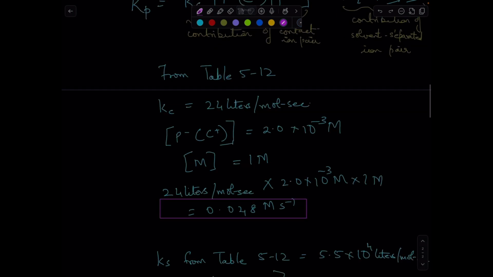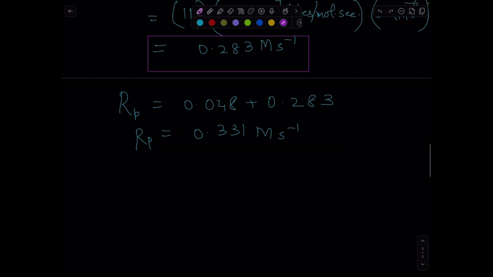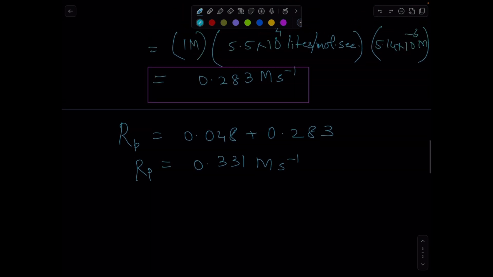So we can find the relative contributions as the total is 0.331.